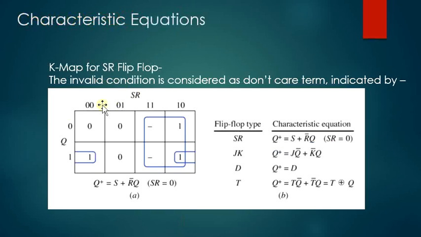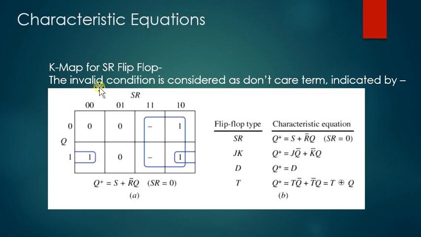So I have plotted Q here, S and R here, and S and R are having various combinations 0 0, 0 1, 1 0, 1 1. So as we recall, S and R combination equal to 1, 1 will yield us an invalid condition. That is, both Q and Q bar will be equal to 0.